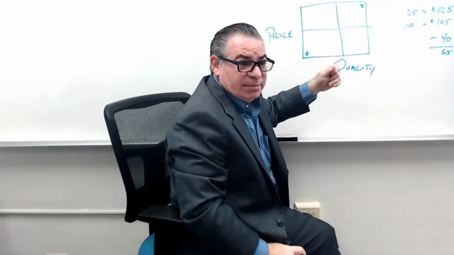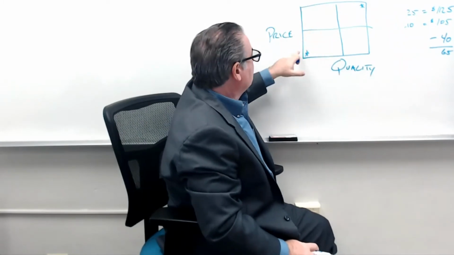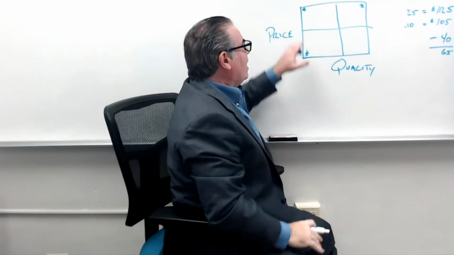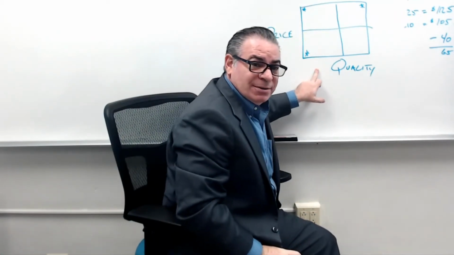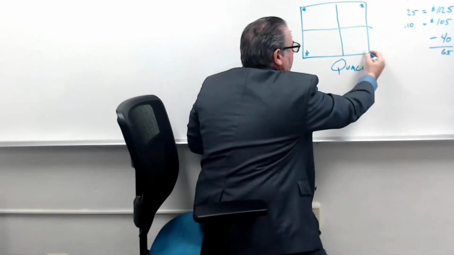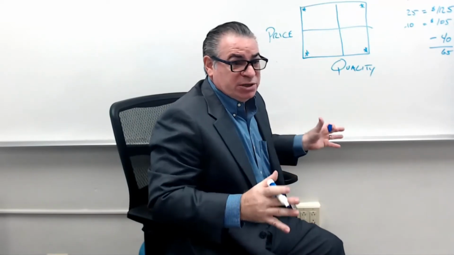Everybody sees that, right? Now notice you have 2 other corners. Over here, believe it or not, you can have high price and low quality. Or opposite of that, you can have high quality and low price, right? So everybody sees those are the 4 extreme positions.